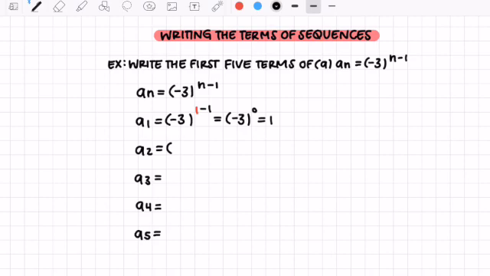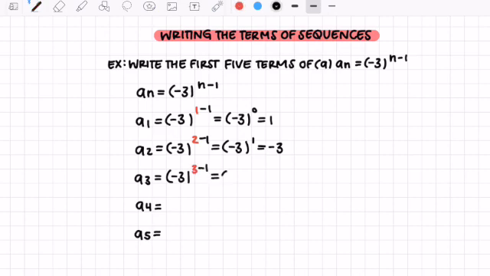And again, negative 3 to the power of 2 minus 1. That equals negative 3 to the power of 1, which equals negative 3. Again, negative 3 to the power of 3 minus 1.